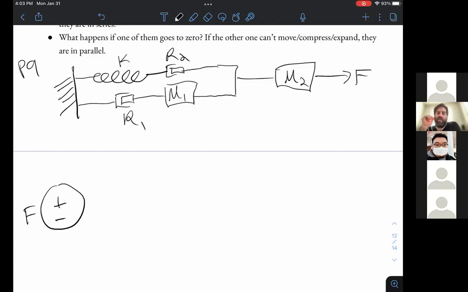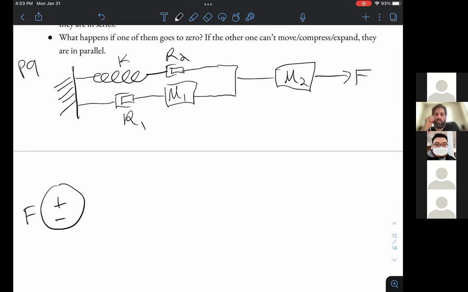Can any of those other components move? Imagine M2 here is nailed to the page. If you put force on M2, are any of those other components going to be able to compress or expand or move generally?